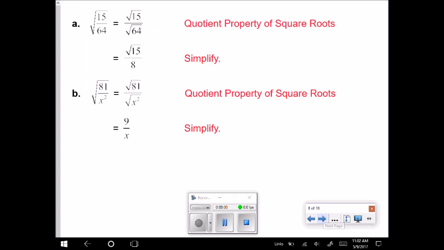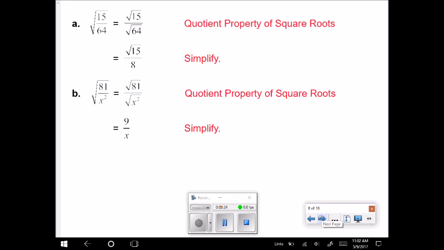So some more examples here. Here we have the square root of 15 over 64. So we separated out the square root of 15 over the square root of 64, which would give us the square root of 15 over 8. Same thing here, square root of 81 over x squared, separate them out. So we'd have 9 over x.